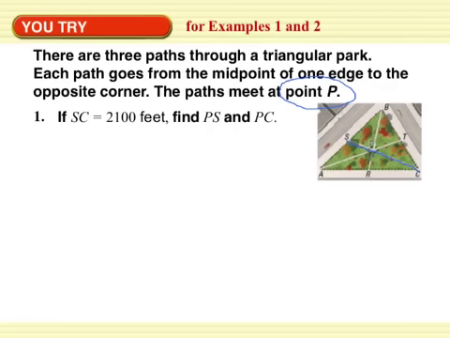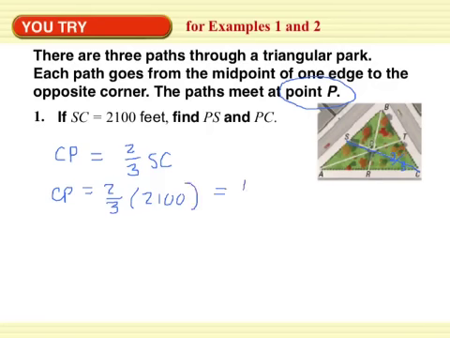So the centroid is 2/3 the distance from the vertex to the midpoint. So we know that CP is 2/3 of SC. So CP equals 2/3 times 2,100.